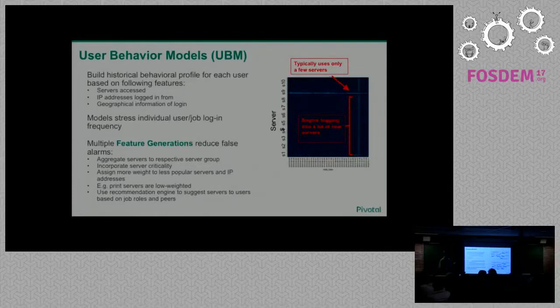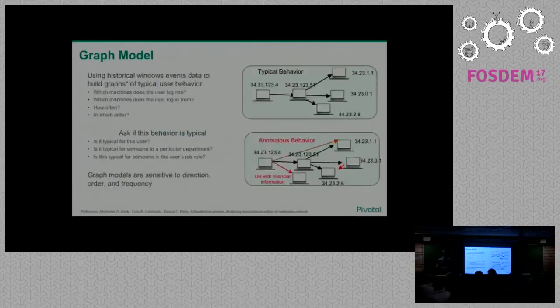I won't go over the others, but then you have a graph model as well. The graph model is built on a weekly basis by user. It uses historical windows to build the graph. It looks at which machines a user logs into, which machines they log in from, how often, et cetera.